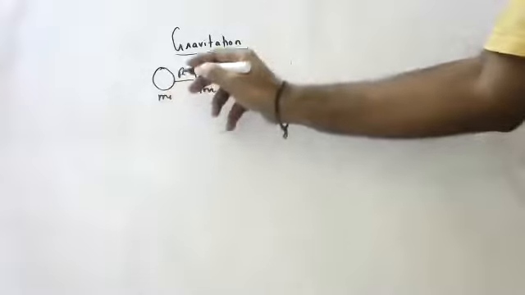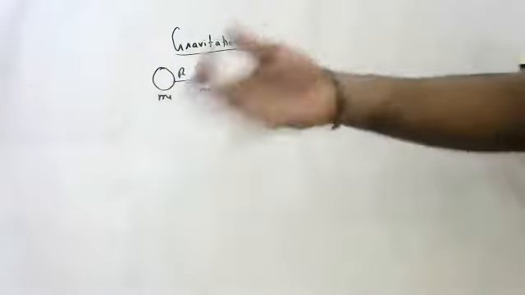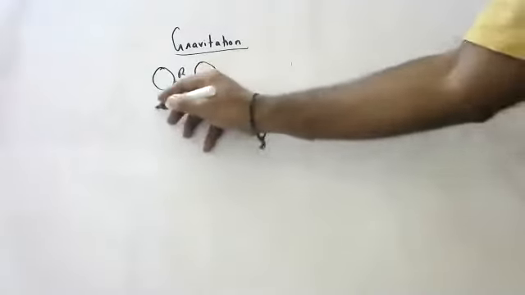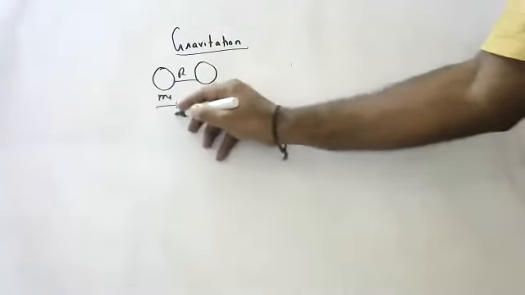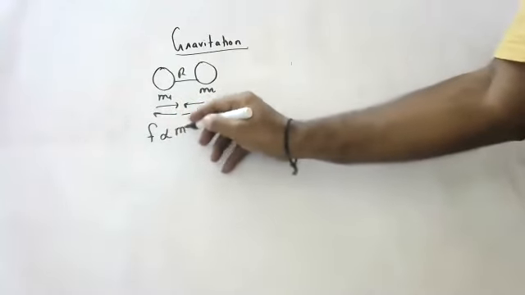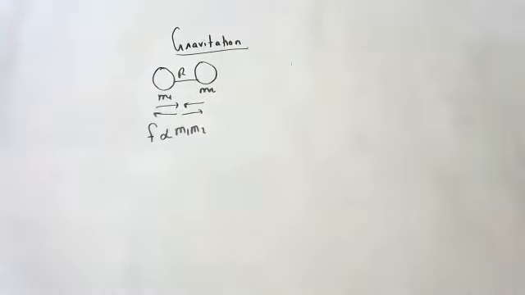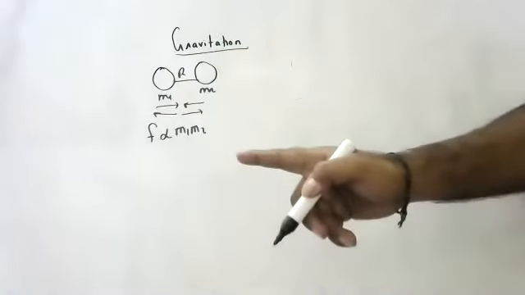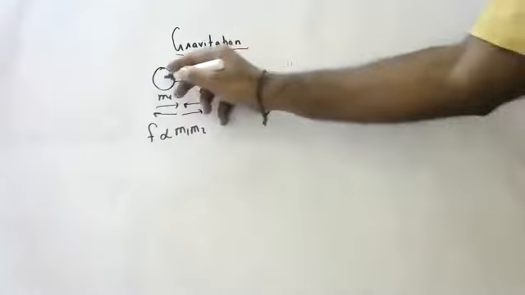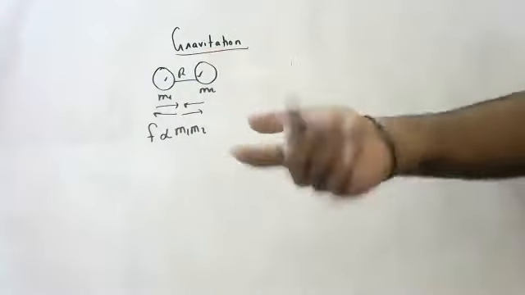Two planets, or heavenly bodies, have masses m1 and m2 and are separated by distance r. They may attract or repel with a force which is directly proportional to the product of their masses. Means what?